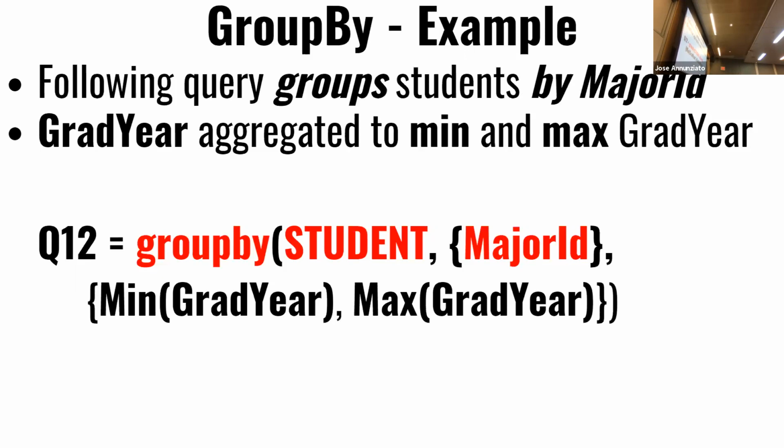And then once they're in the bucket, I can ask, well, in that bucket, what is the least and most value for the graduating year? So I can know a range of how people are graduating, and then I can ask about each bucket. So this calculates the minimum graduating year and the maximum graduating year of all the students per college.